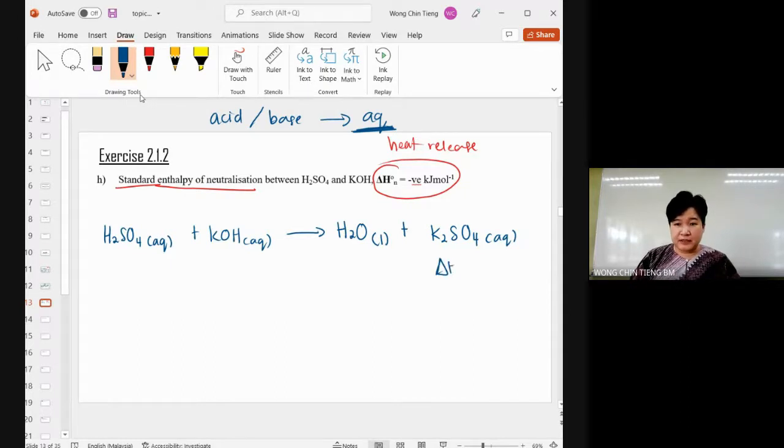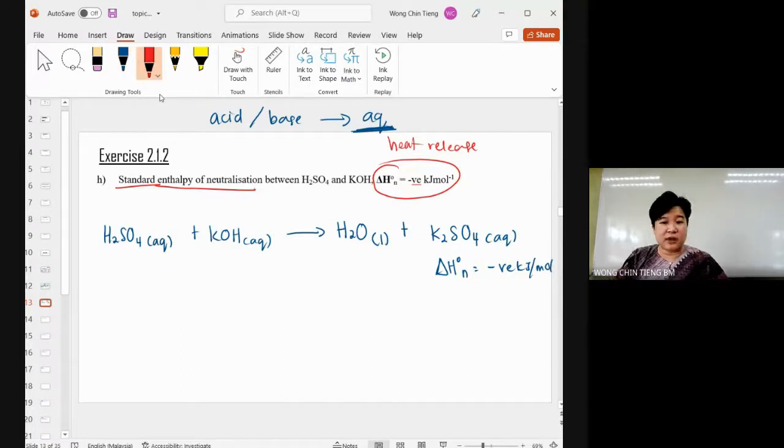Make sure you put down the delta H neutralization, negative kilojoule per mole. Okay, balance the equation. Semua orang tahu macam kawan kamu cakap tadi, water kena 1 mole. So if I balance this equation and water need to be in 1 mole, that means I will have half of this, half of this.